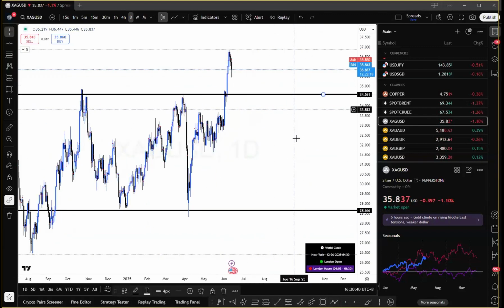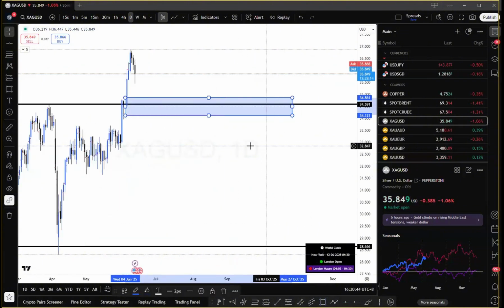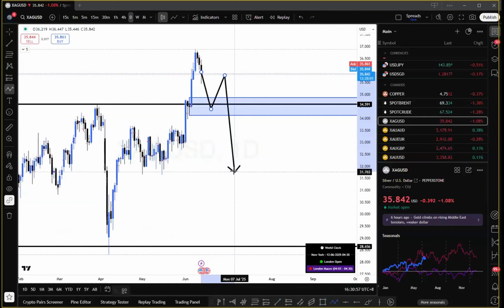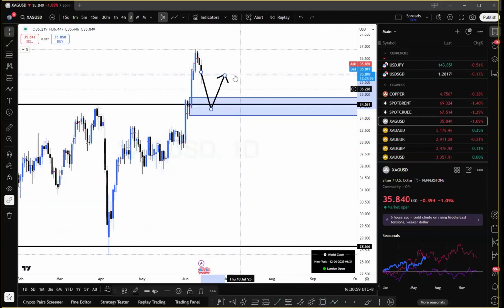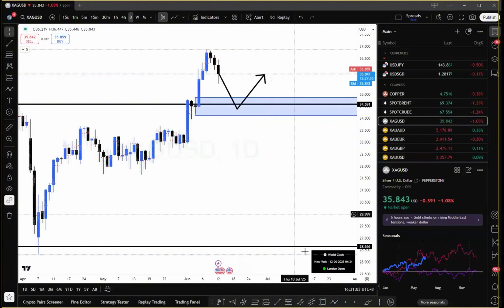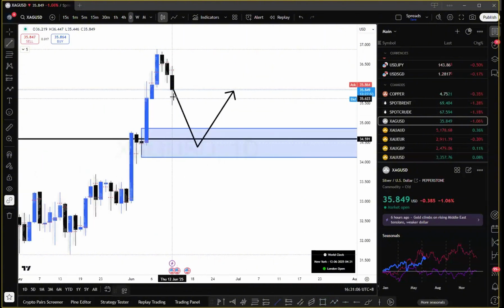So you're potentially going to see this level here as the support. We potentially do not want to see price get back down into this level, because if that's the case, it might break down. What we want to see is price take off from here into a new zone.